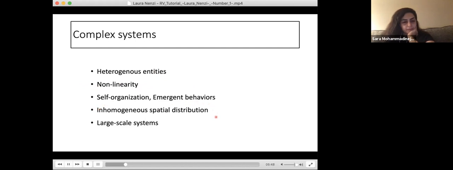Furthermore, the examples we see also show a heterogeneous spatial distribution, and they are all large-scale systems.